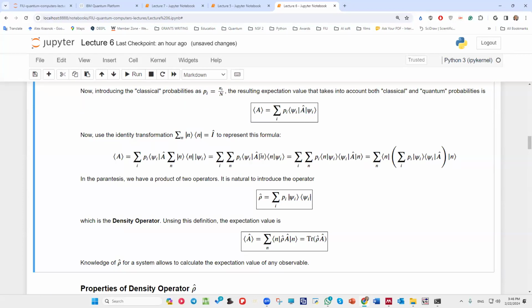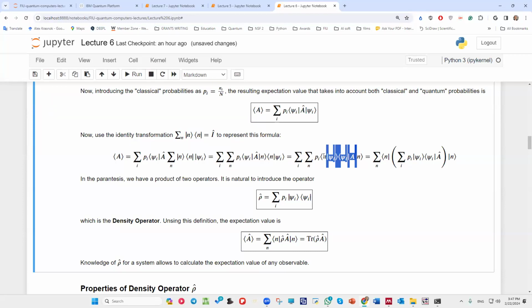Next, this is of course some complex number. This is another complex number. We can exchange the order of writing them, and I put this highlighted one first here. On the other hand, now I can notice this expression encapsulated between two basis states n, here and here.